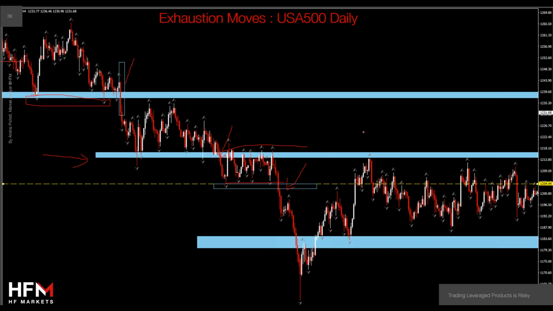Okay, any questions so far? So if you missed this entry, another one followed over here, breaking this support level that was retested four times. So that was another entry point over here.